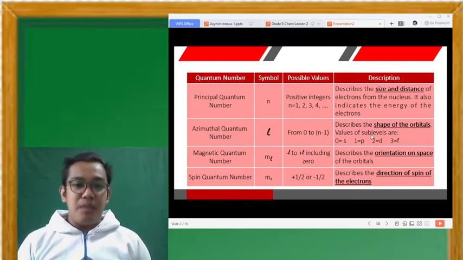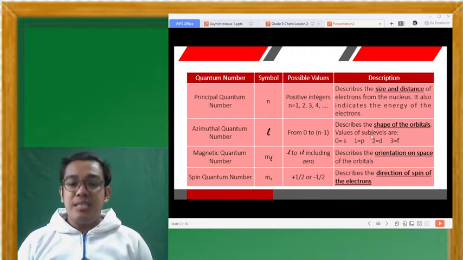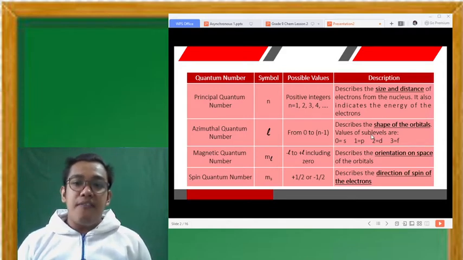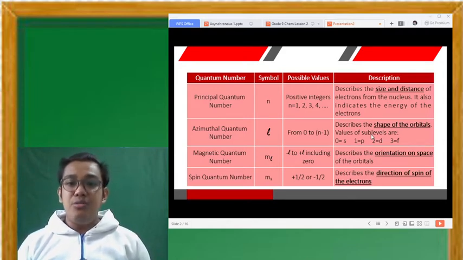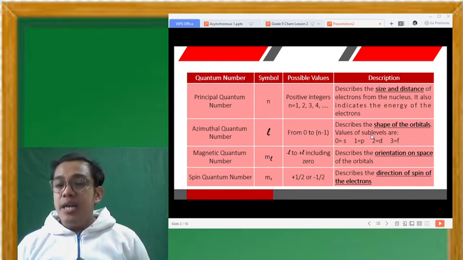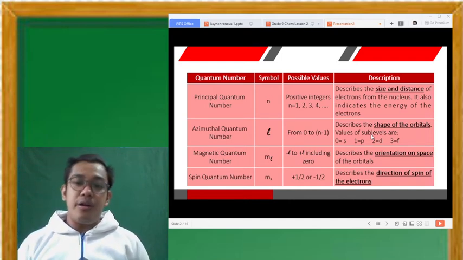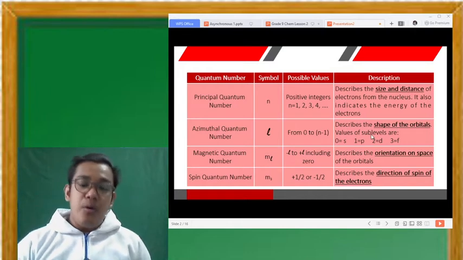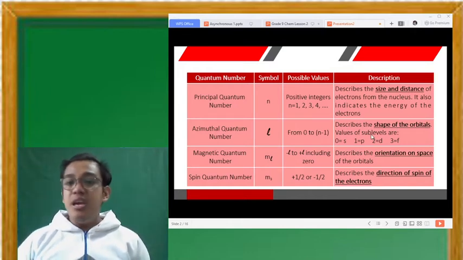Another quantum number is the azimuthal quantum number, written as a cursive small letter l. The possible values of this are 0 to 1, 2, 3, 4, and so on.